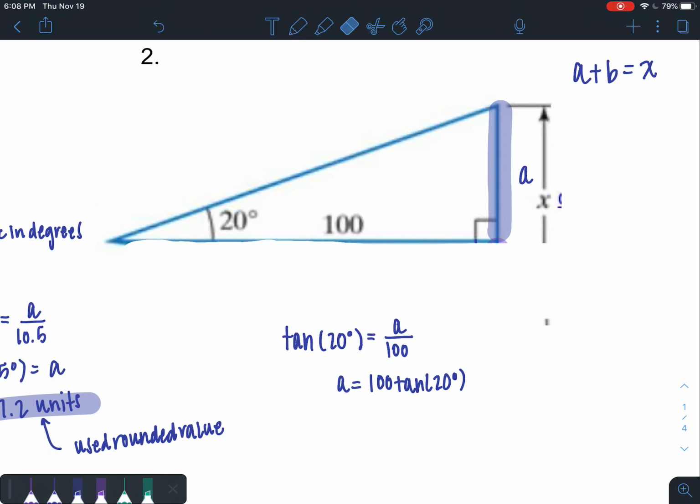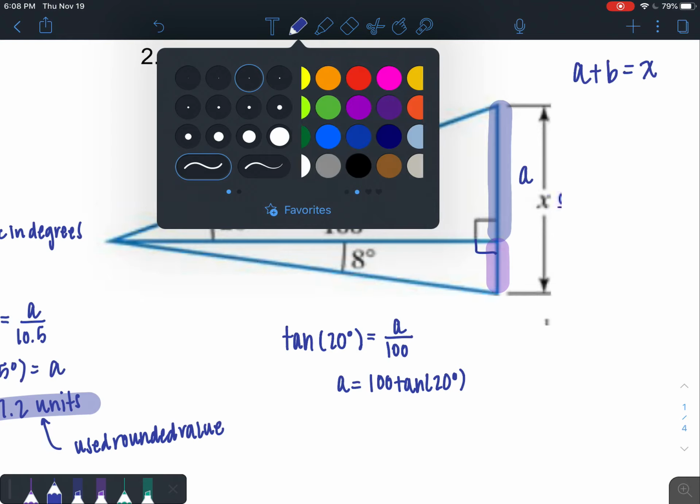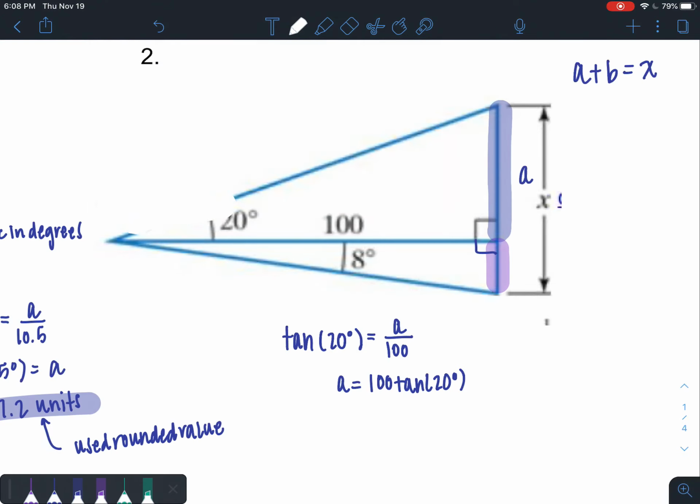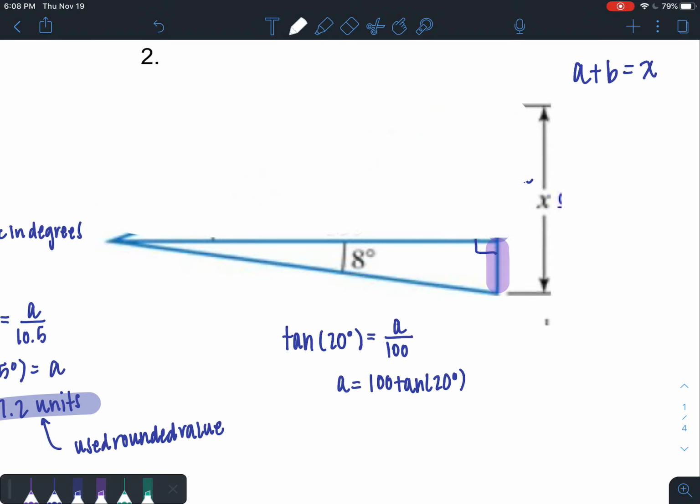Okay, and now I'm going to go ahead and white out the top. Remember, we don't want to round until the very end, so I'm not even going to give it any time of day. And I'm going to call this part down here B, and this side over here is 100.